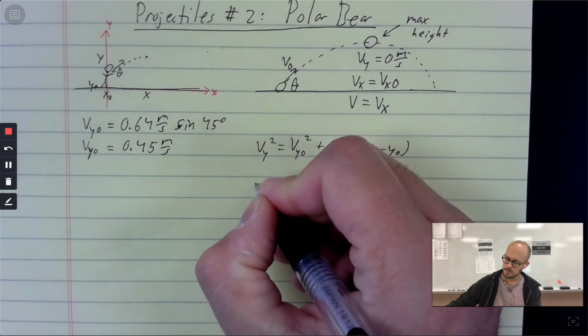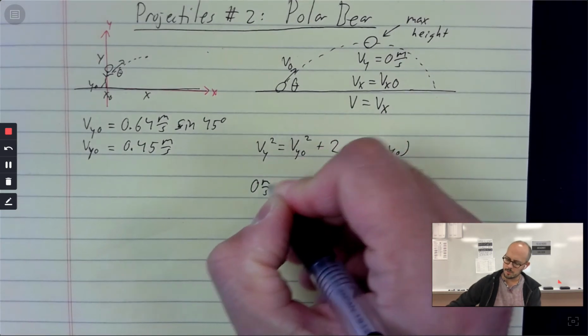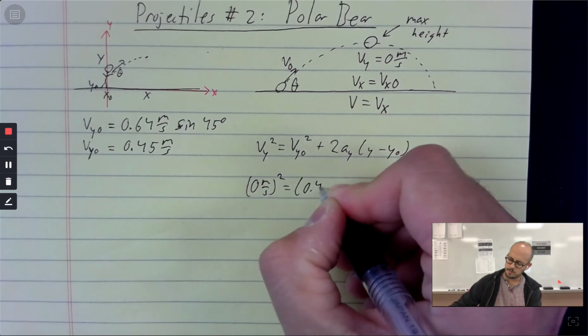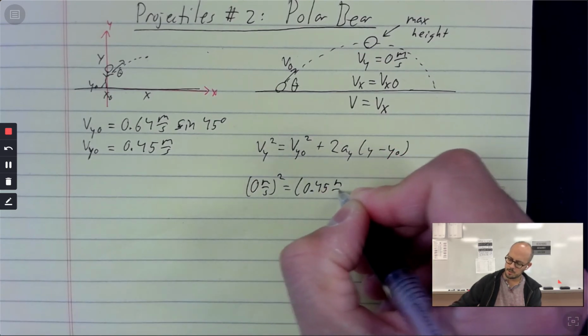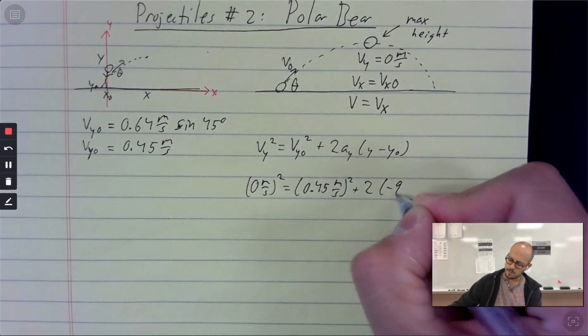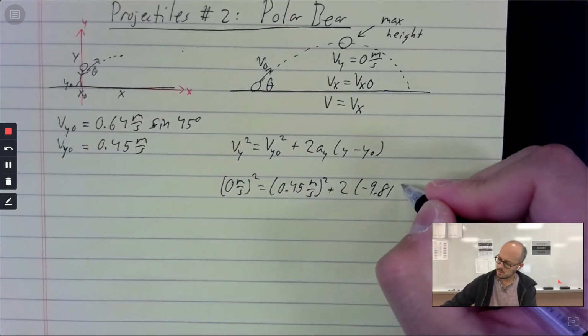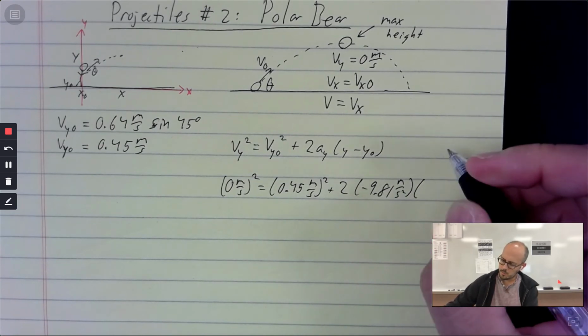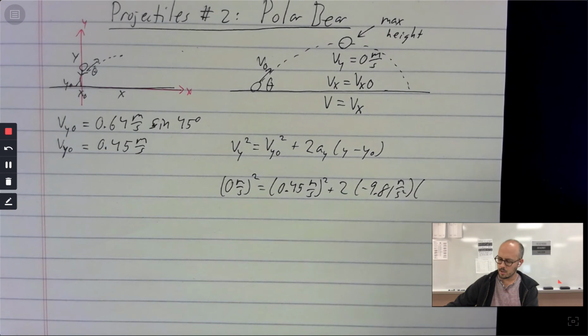So the way this gets filled in is I have 0 meters per second, squared, equals 0.45 meters per second, squared, plus 2 times negative 9.81 meters per second squared, times y minus y naught. And y naught is 0, so that's just going to be times y.